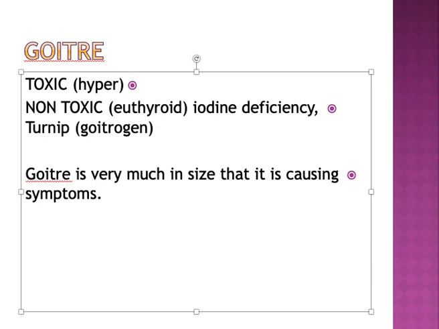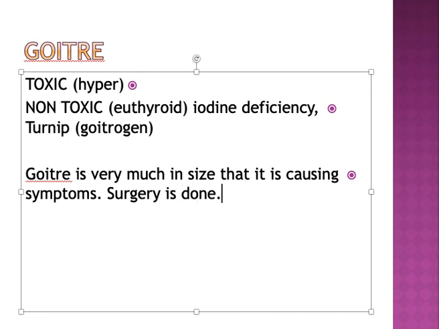Surgery only whenever there are compression symptoms, because whenever the goiter is too enlarged, it can compress vital structures like the trachea and esophagus, and the patient's airway can get compromised. That's the reason surgery is required to remove this goiter.